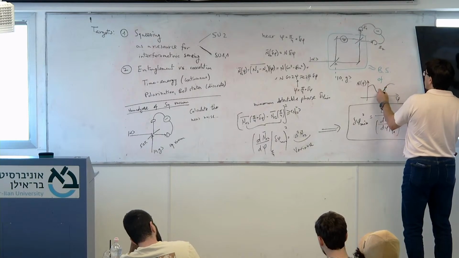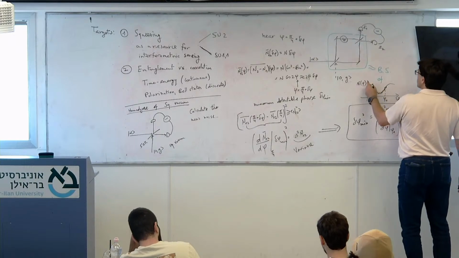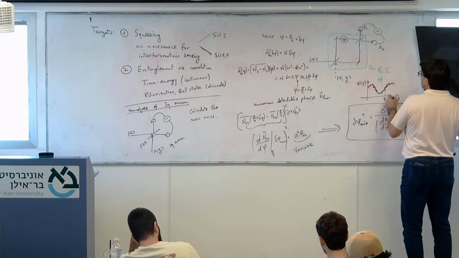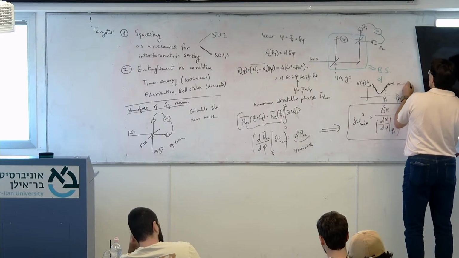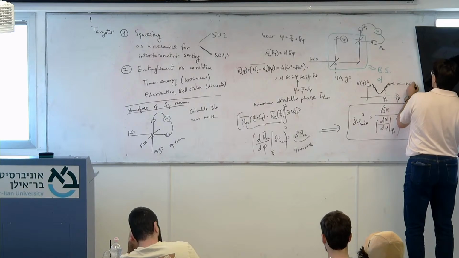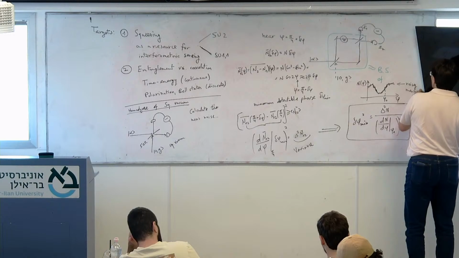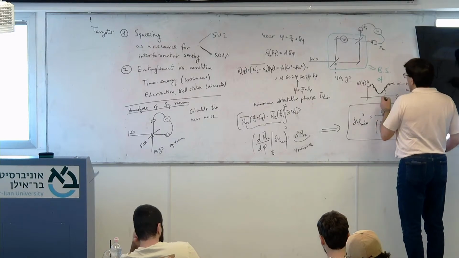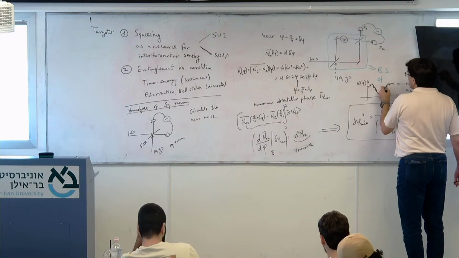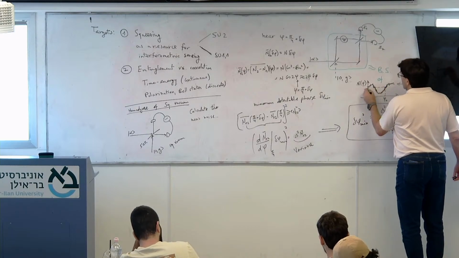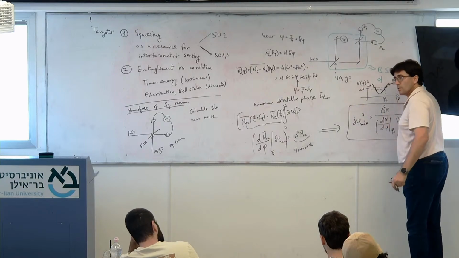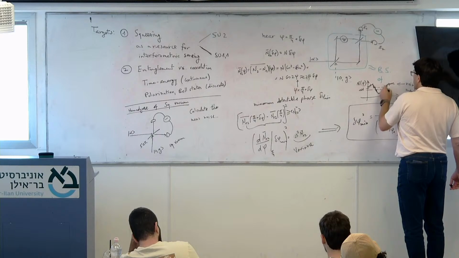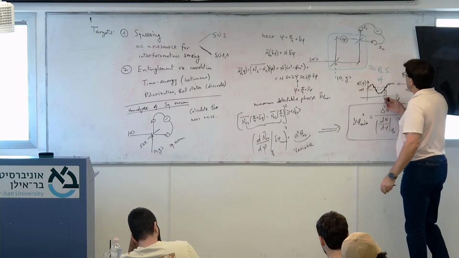This is a noisy measurement, so I have a noise uncertainty which dictates some uncertainty in phase.